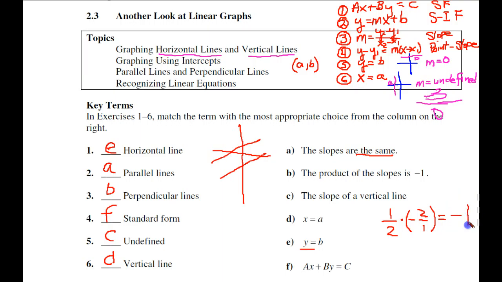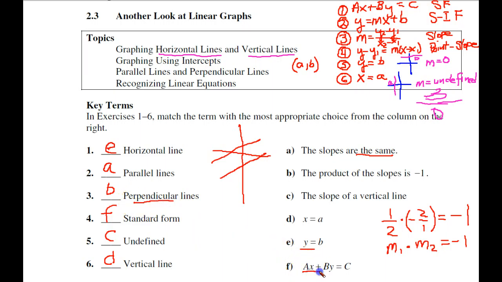And you'll notice as you look at these, one is sort of the reciprocal of the other, but it's the negative reciprocal. So I sometimes add the rule that if m sub 1 times m sub 2, that is, if you multiply the slopes and the product is -1, then the lines are perpendicular.